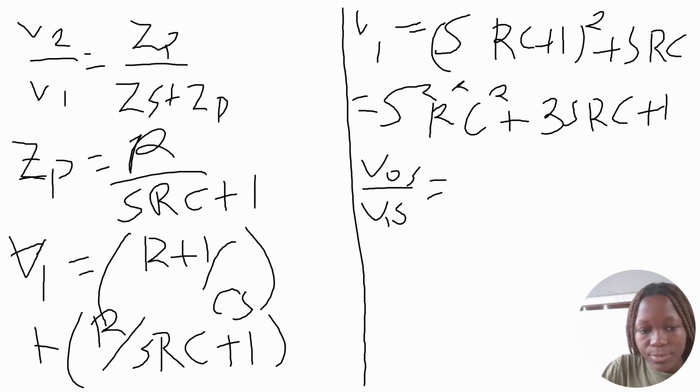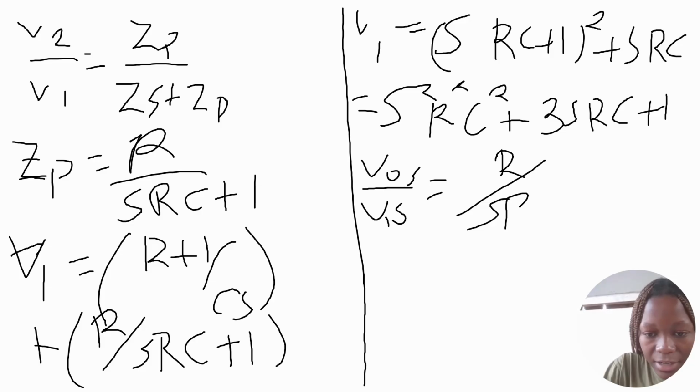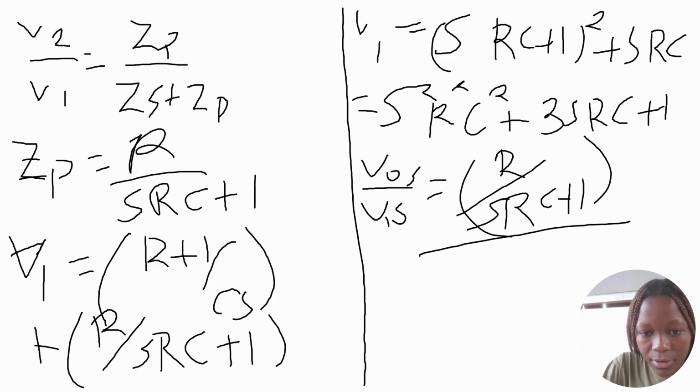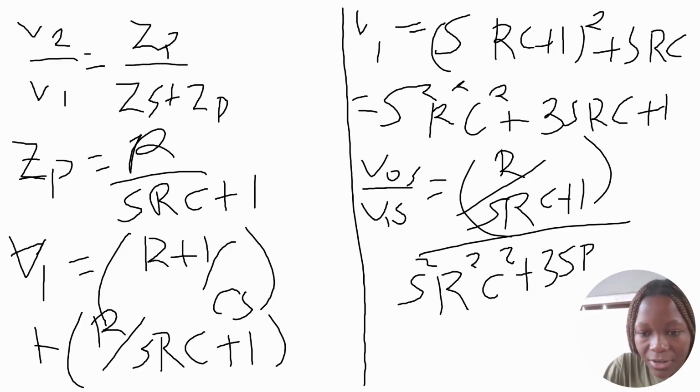So if this is our value for our V1, our total transfer function should be equal to R. When we use LCM to solve for our ZP, we have R on SRC plus 1, all on S squared R squared C squared plus 3SRC plus 1.